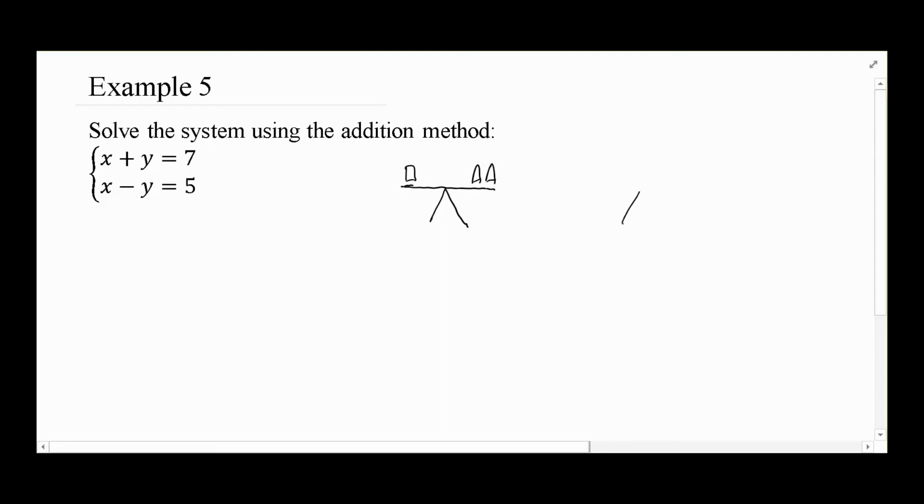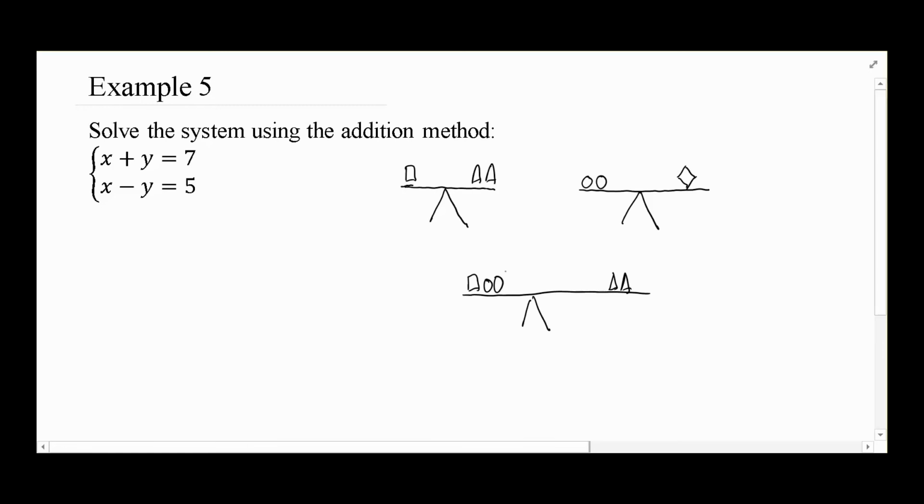And I have a whole separate balance scale over here. I have two circles on one side, and let's say one diamond on the other. And I tell you they're balanced too. So if these are balanced, then wouldn't it be true that if I have a square and my two triangles, I'm still balanced?